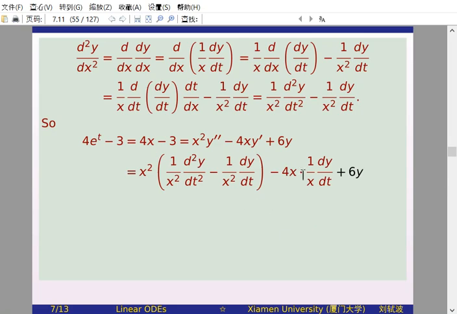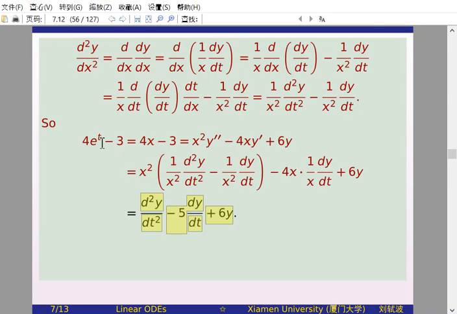So the x here cancels, and the x squared here also cancels with the denominator of the two terms in the group. So this is precisely y double prime with respect to t minus 5 dy/dt plus 6y. So this is a linear second order equation with constant coefficients, non-homogeneous.